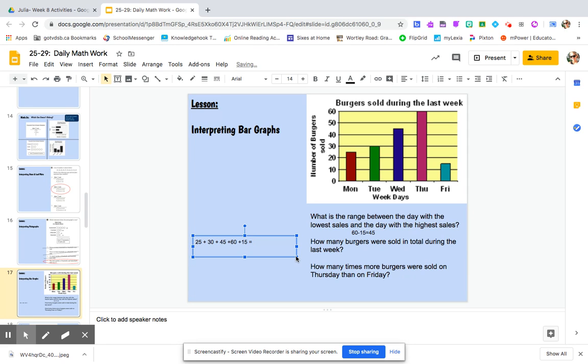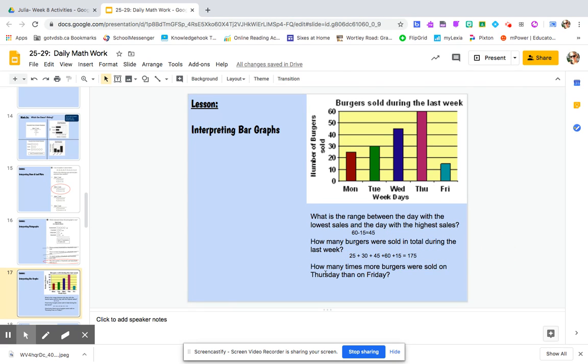And you can find the total of that. I'll just pull out my calculator here. 25 plus 30 plus 45 plus 60 plus 15 equals 175 burgers sold that week. And you could just pull that in to answer your question and show me your work.